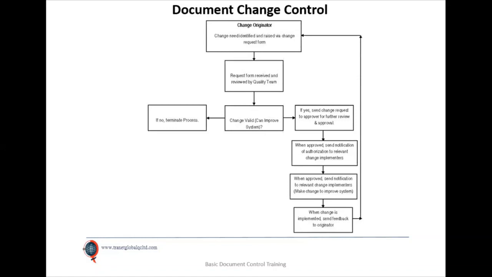Okay, so if the change will improve the system, then you go for further review and approval. Now, sometimes you find out that for certain levels of changes, you may have someone who is reviewing and at the same time approving. You have one person reviewing and approving.